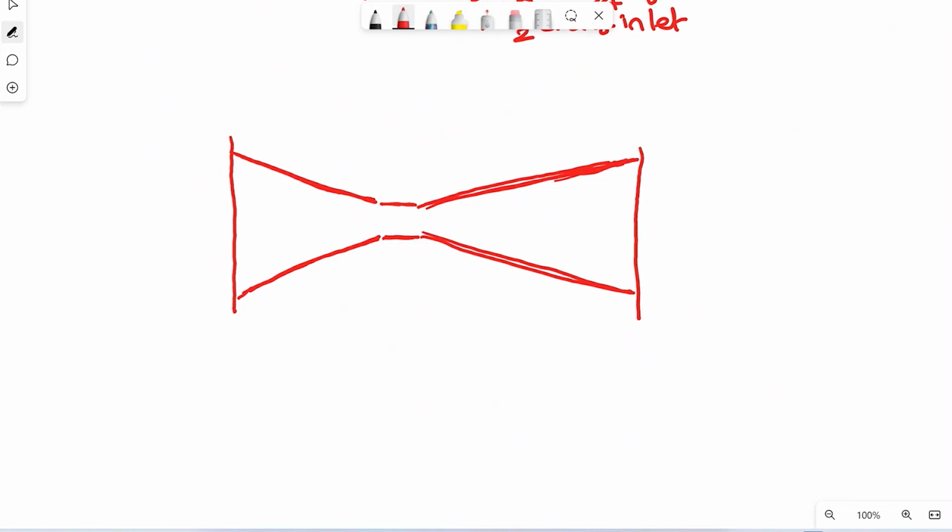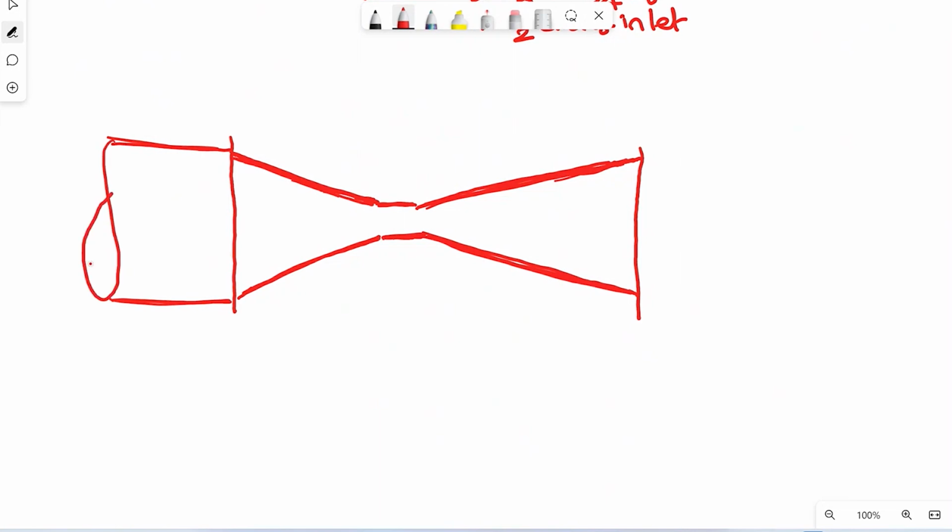So this is finally how the Venturi meter looks like. If you see, this is the convergent cone, throat, and divergent cone, right? And now it is connected in the main pipeline.